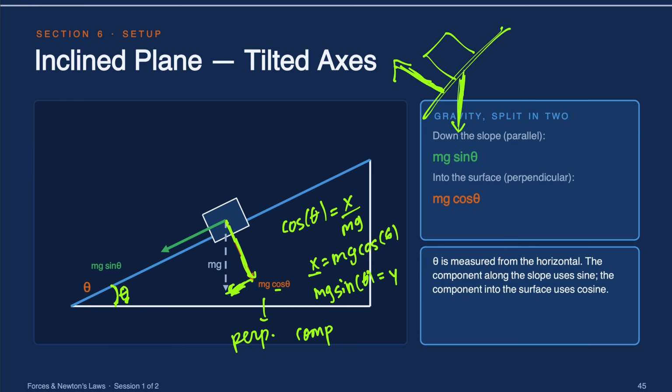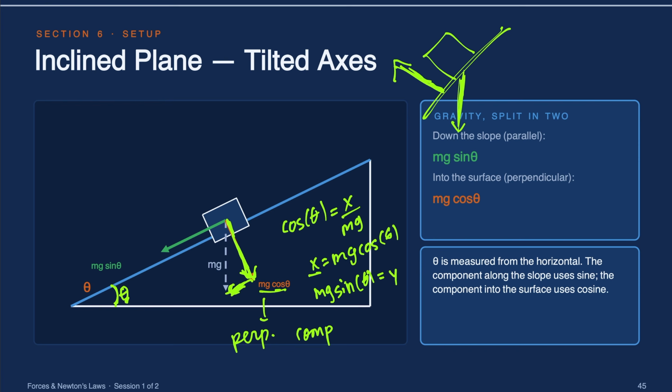Well, you can understand why, right? Because it's perpendicular to the surface that the block is on, okay? It's going at a 90-degree right angle there. That's exactly why it's mg cosine theta, and it's called the perpendicular component, okay?